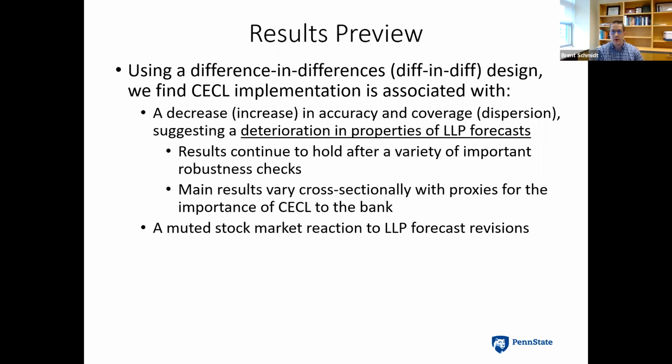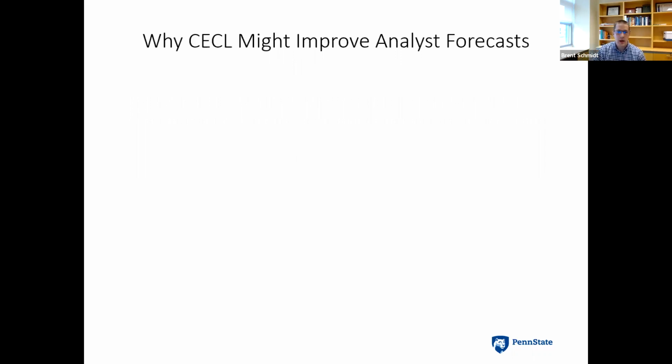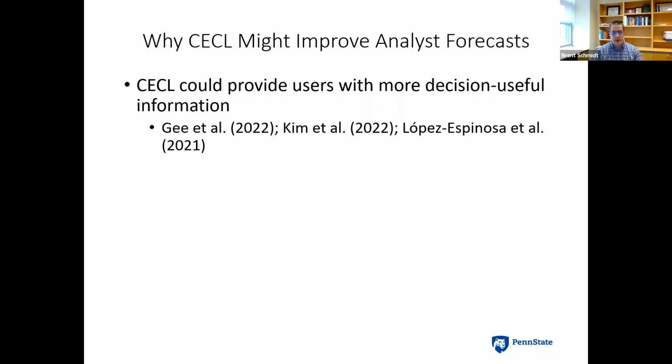I can tell you that there are some other papers out there, and let me see if I can jump to some of these papers. I have them listed on the slide here. For example, the Guidal 2022 paper, Kim et al. 2022, and then Lopez Espinosa et al., which is looking at IFRS 9. So not exactly CECL, but the IFRS equivalent.